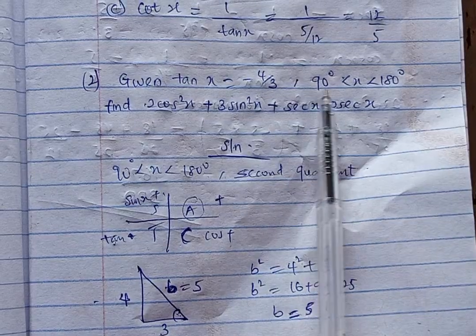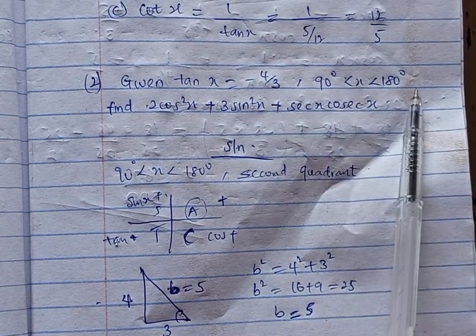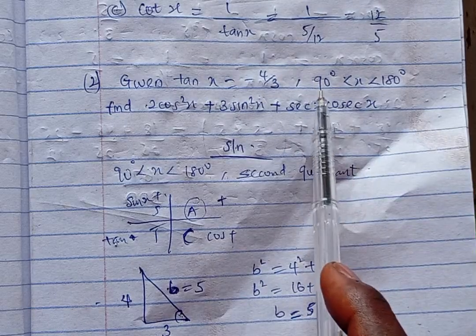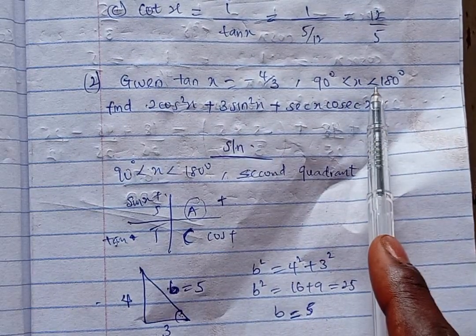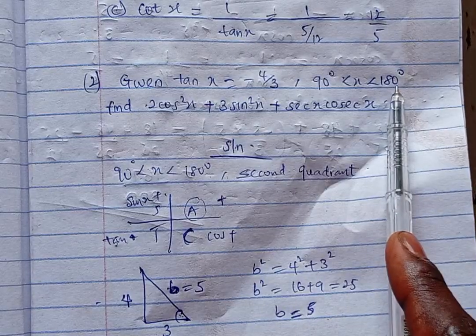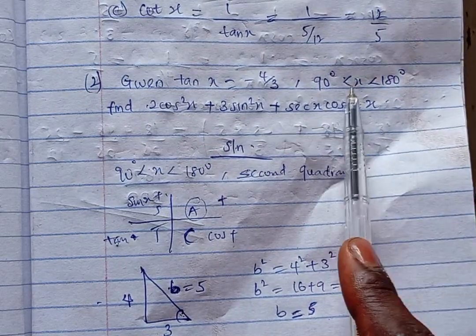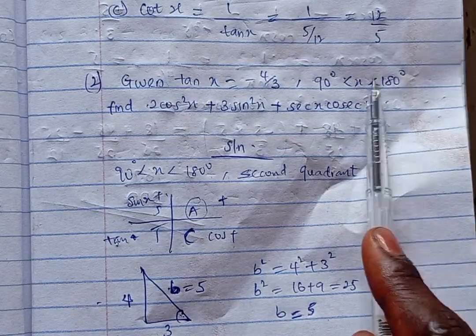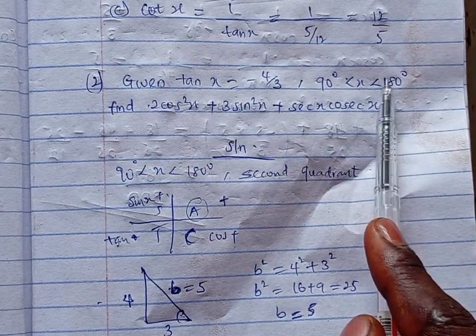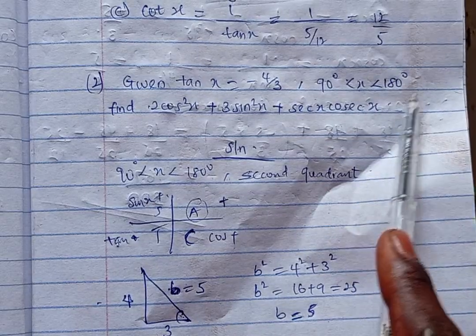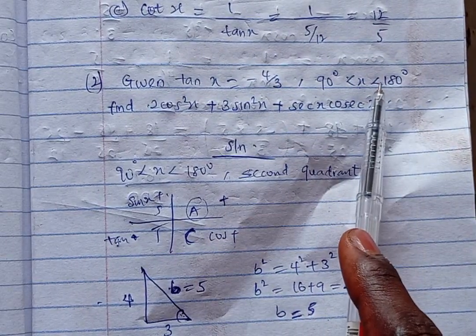If they say 270 to 360, it means it is in the fourth quadrant, right? It means that 270 is less than x, and x is less than 360. Do you get what I'm saying? So it depends on this one. 0 less than x, and x less than 90, or less than or equal to, rather. That one is acute, so everything is positive there.